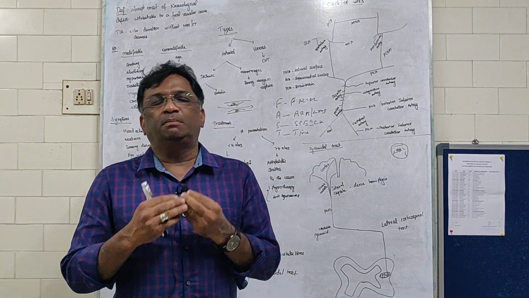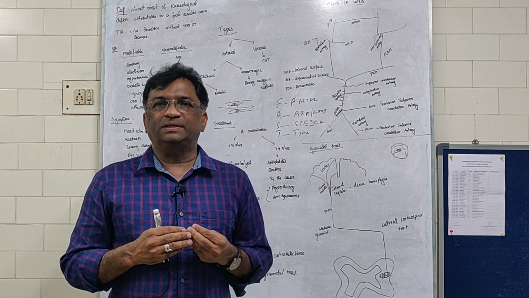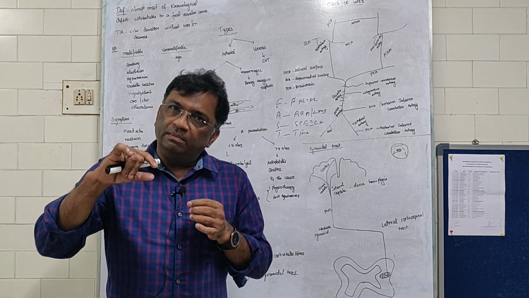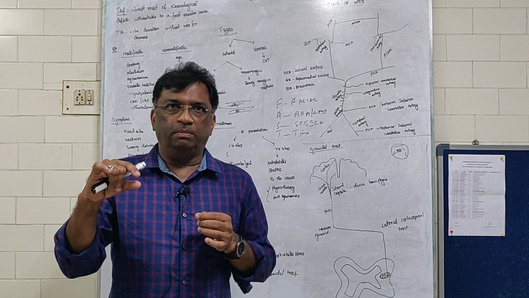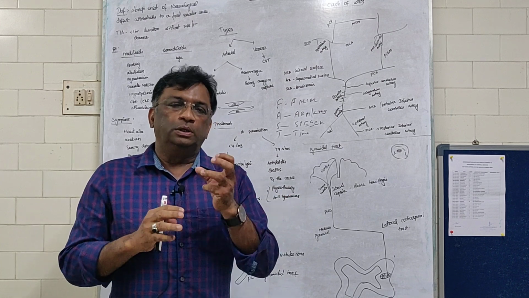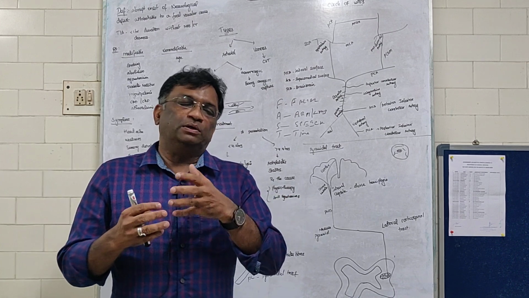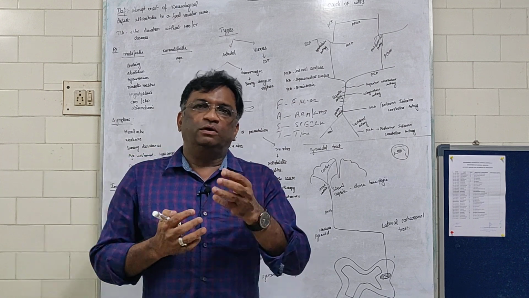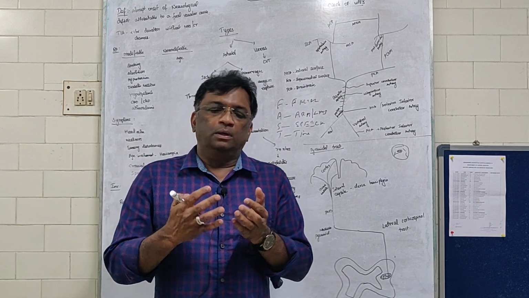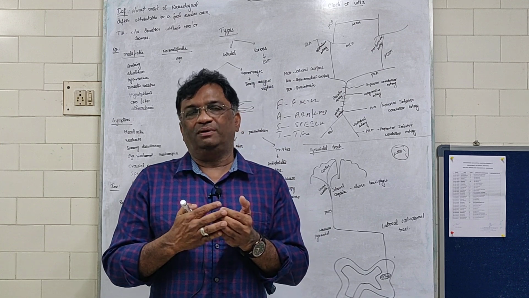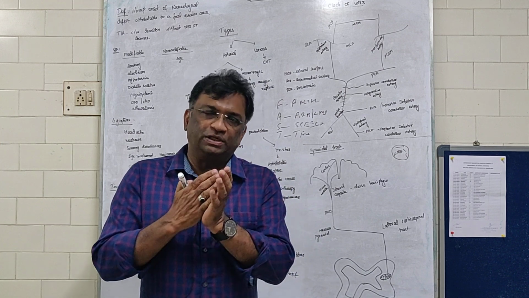Once the patient bleeds, one, the downstream brain tissue is not going to get blood supply. Two, because it's in a closed space, if you have excess bleed, you will have pressure effects; it will compress the brain tissue.